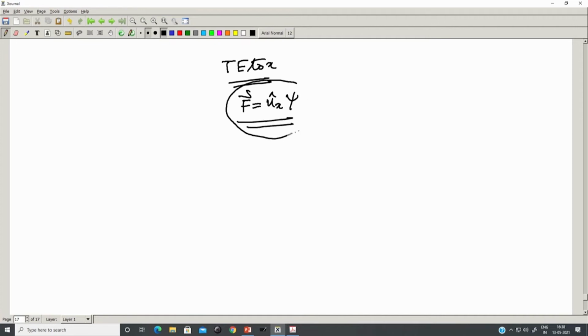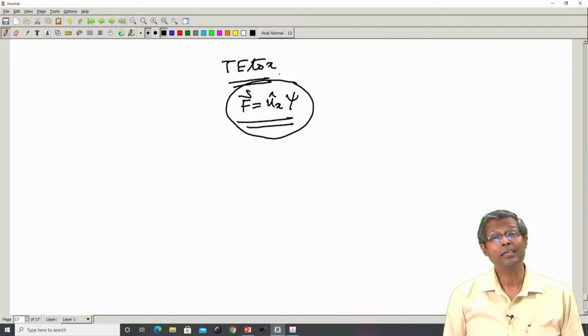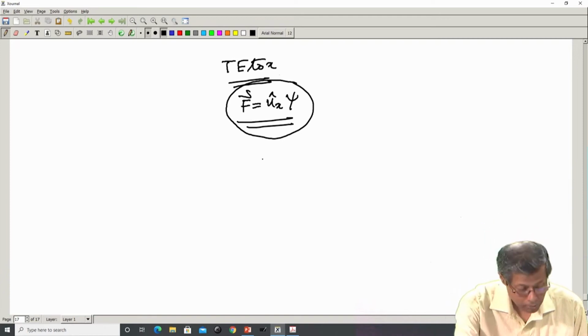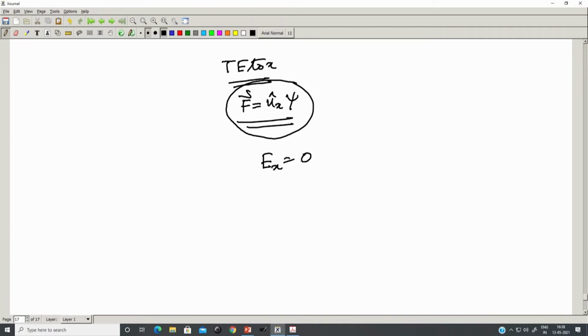The expressions for the electric and magnetic fields we obtained for this condition are exactly the same electric and magnetic fields we would obtain for both the LSE even and LSE odd modes, because they are TE to x modes. So, I do not need to write those equations explicitly because we have already covered them, but for reference's sake I will just write down the value of E x. So, E x was 0 and all the way down, if you had gone to H z, you would have met this expression 1 by j omega mu del square psi del x del z.